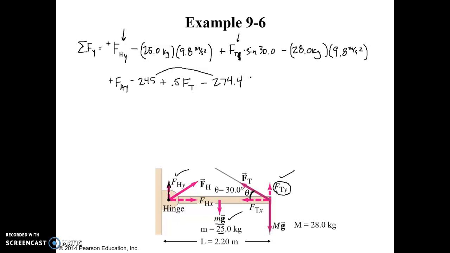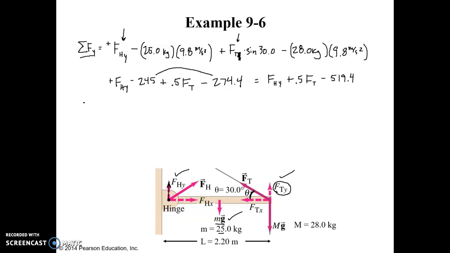So this can simplify even further to be FHY plus 0.5 FT minus 519.4. Okay, so that's about as far as we can get just looking at this equilibrium equation, summing the forces in the y direction.